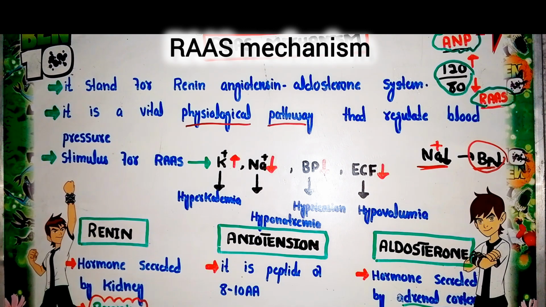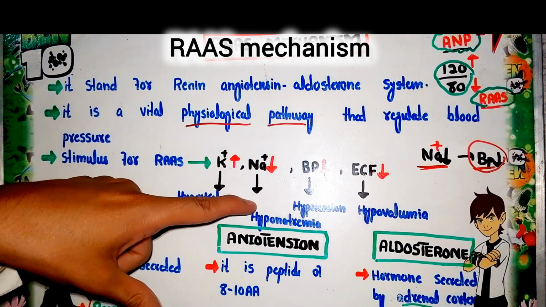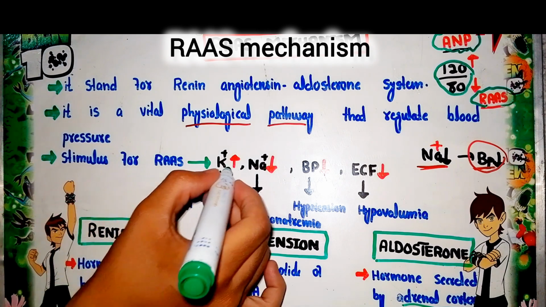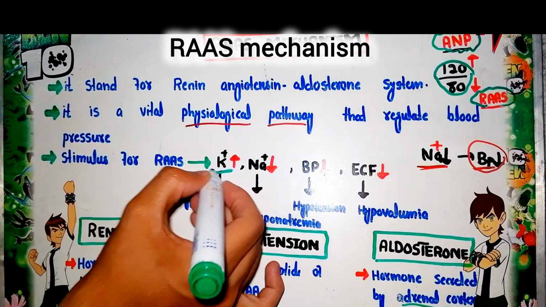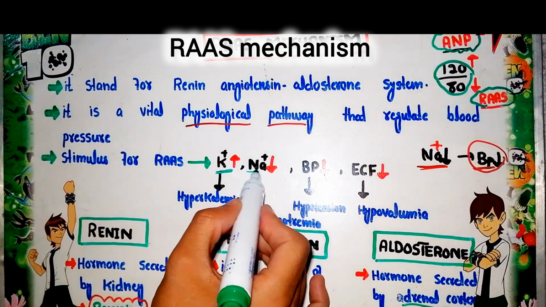Now what are the stimuli that operate the RAAS mechanism? Here are some of the stimuli responsible for the operation of the RAAS system. The first stimulus is high secretion of potassium ions. The hypersecretion of the potassium ion we call hyperkalemia. The next stimulus is when there is a low concentration of sodium ions.